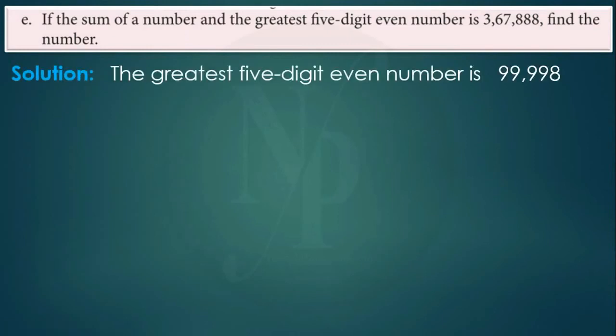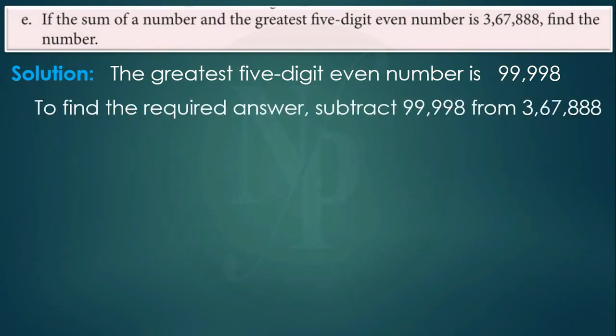Solution. The greatest 5-digit even number is 99,998. To find the required answer, subtract 99,998 from 3,67,888.